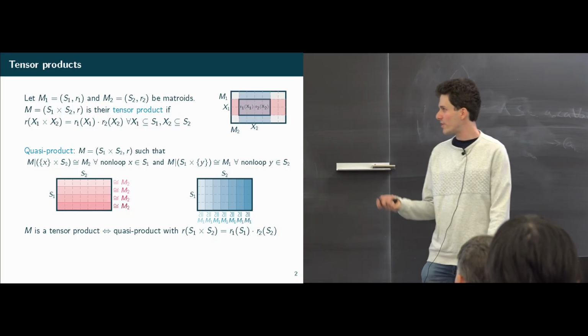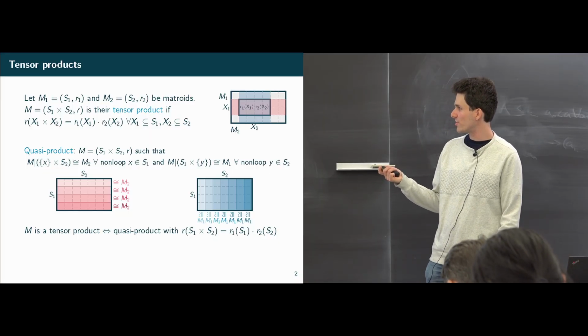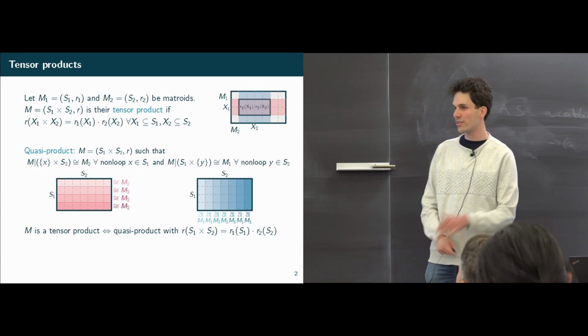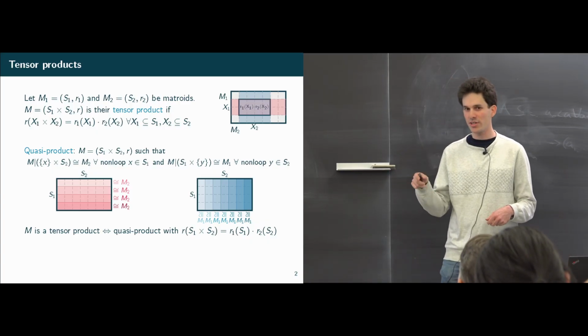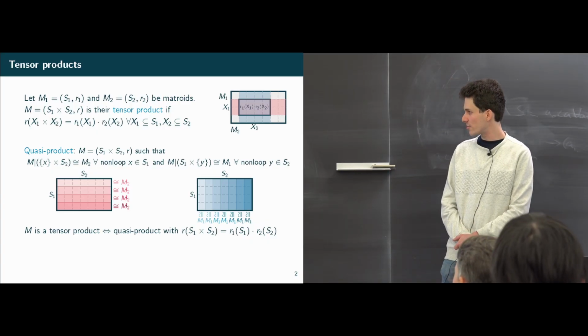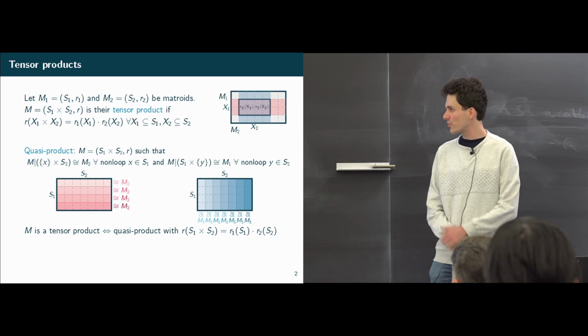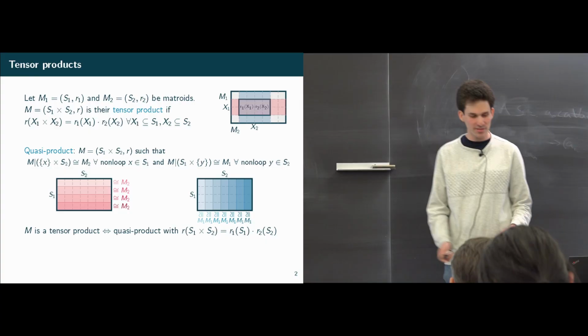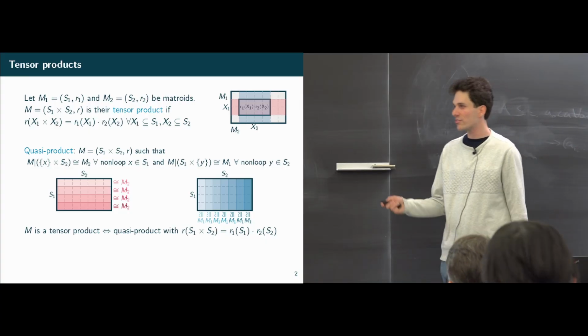And for loopless matroids, any tensor product has this property, because in the definition, if we have a single element, then the rank is just 1. So restricted to a row or a column, we get back the original rank functions. So each tensor product is a quasi-product, and this satisfies that the total rank is the product of the ranks, and this is a characterization of tensor products.